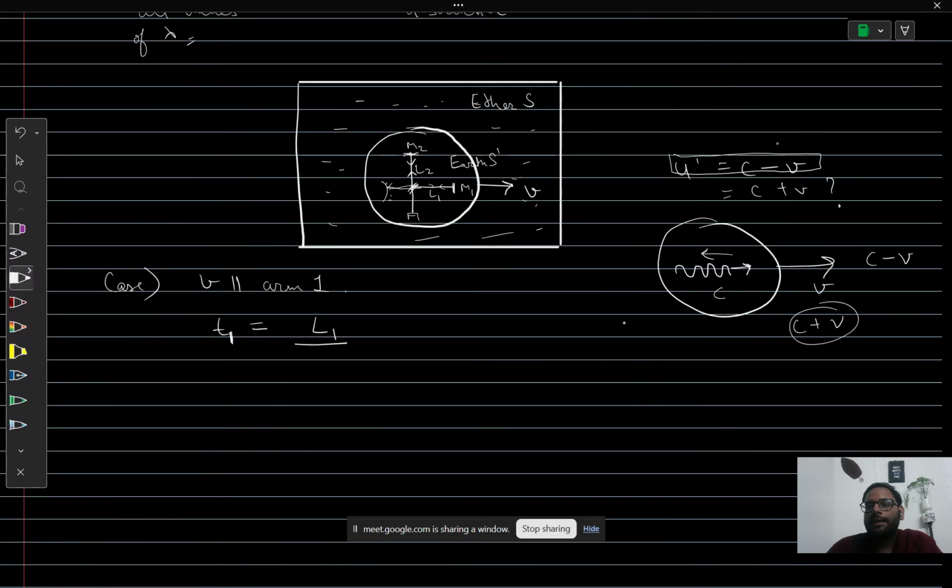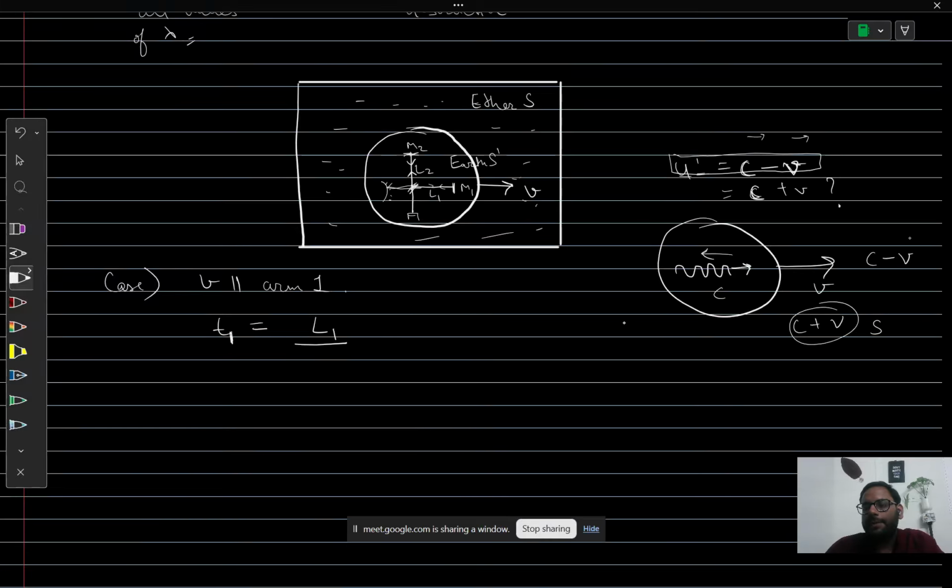If the light is going in this direction and v is also in this direction, what will happen? According to Galilean transformation, actually they will decrease in the S prime frame. They will add up in the S frame.